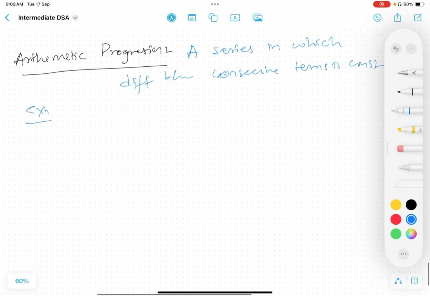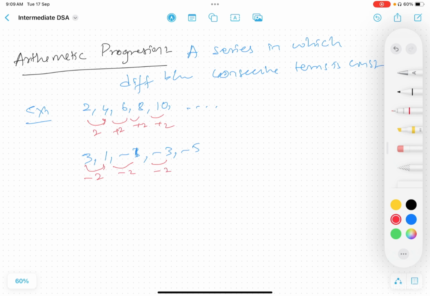Example: 2, 4, 6, 8, 10. Right? The difference, if you see, is plus 2, plus 2, plus 2, plus 2. Or it can be sometimes 3, 1, minus 1, minus 3. If you see here, it's minus 2, minus 2, minus 2, minus 2.